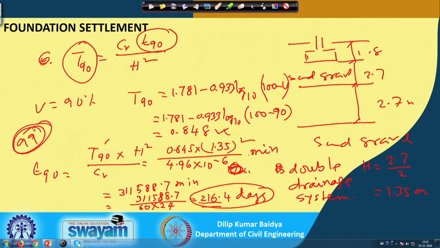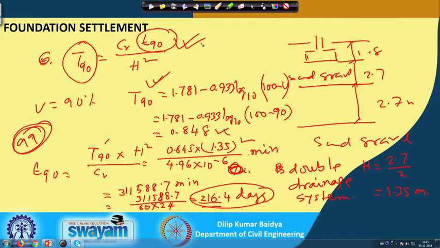And similarly, if you want to find out how much time 50% settlement will require, we can change only this: instead of T 90 I can use T 50. If it is mentioned 70%, then instead of T 90 I can use T 70; like that, for any percentage mentioned I can find out the T, and then use this equation to find out the time required.